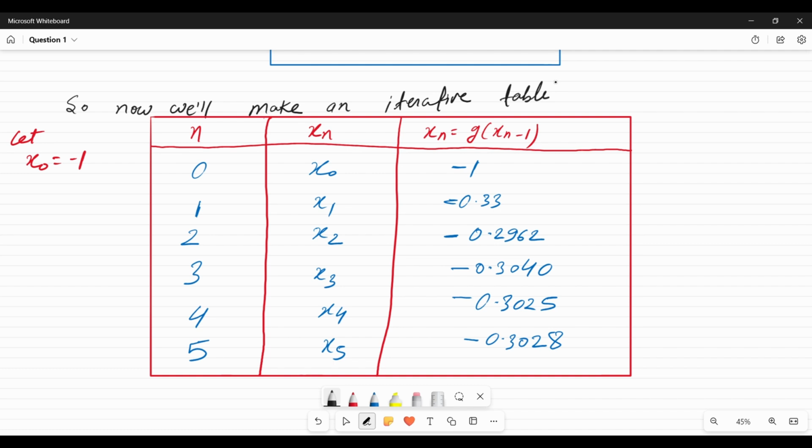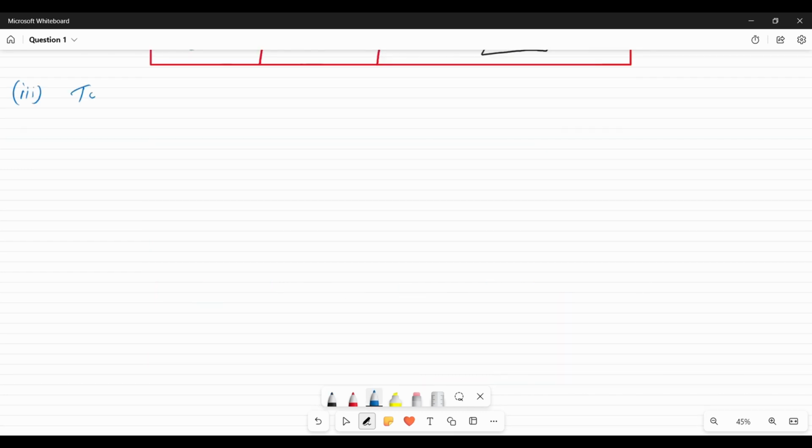And guys, see here, up to 3 decimals the value is the same, so the answer will be -0.302.